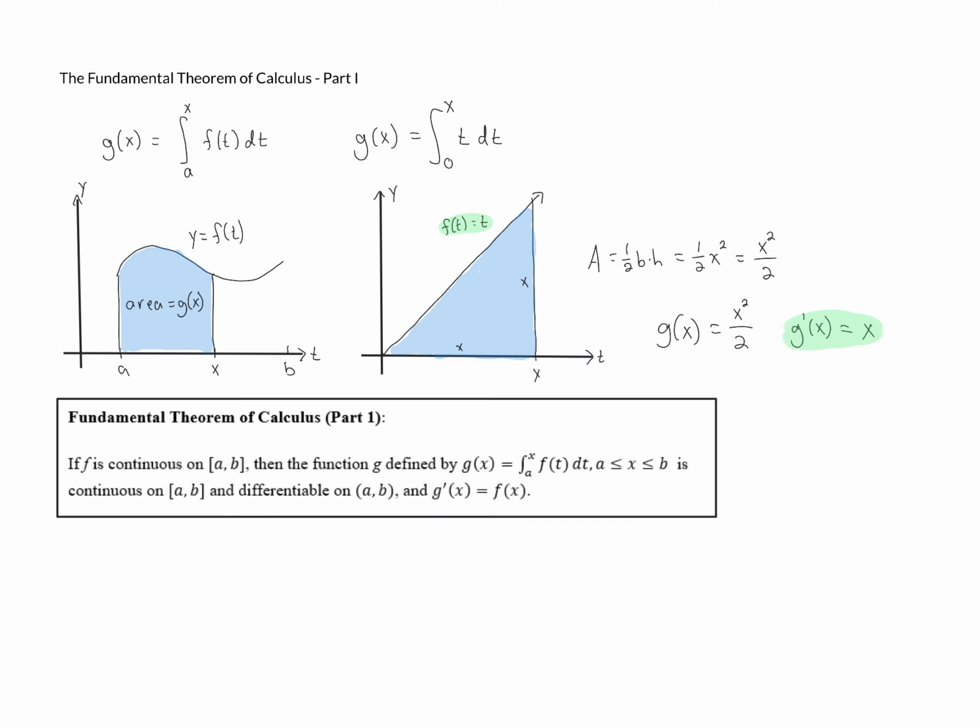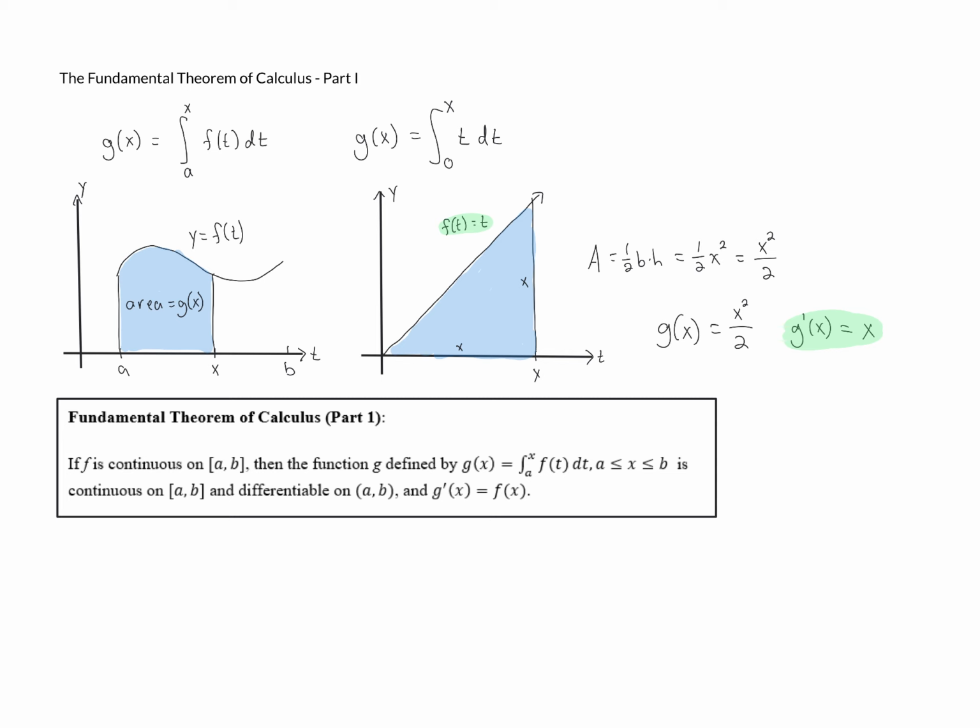The fundamental theorem of calculus, part 1, says that if f is continuous on the closed interval from a to b, then the function g, defined by g of x equals the integral from a to x of f of t dt, where x is between a and b, is continuous on the closed interval from a to b, and differentiable on the open interval from a to b, and the derivative of g of x is equal to f of x.